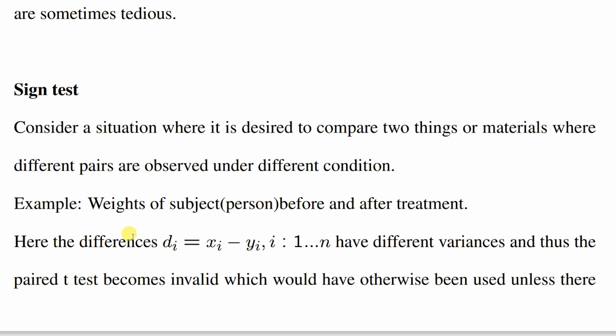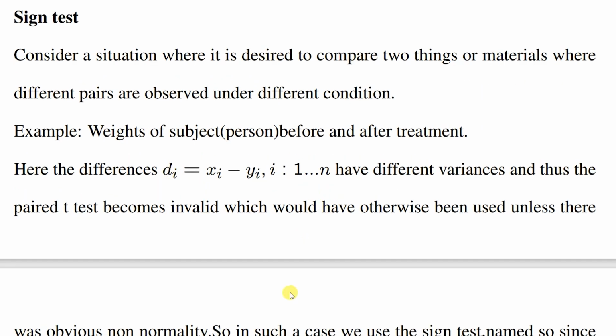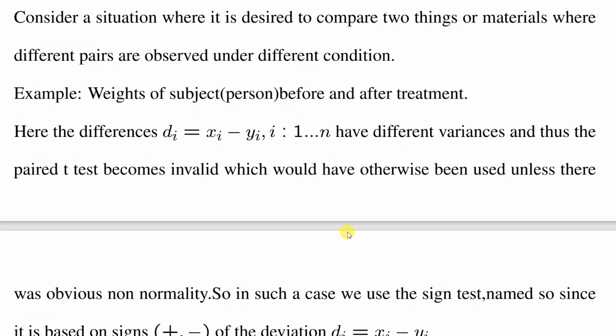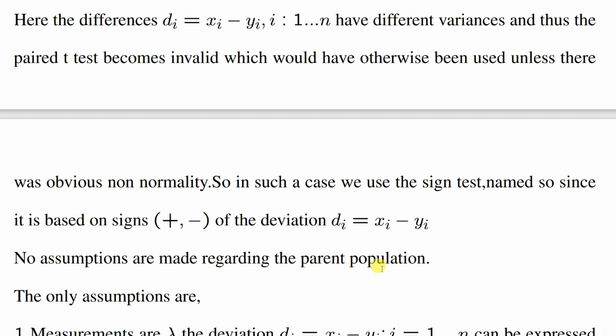Here the differences di = xi minus yi, i = 1 to n, have different variances, and thus the paired t test, which would otherwise have been used, becomes invalid unless there is obvious non-normality. So in such a case we use the sign test, since it is based on signs, plus and minus, of the deviation di = xi minus yi.